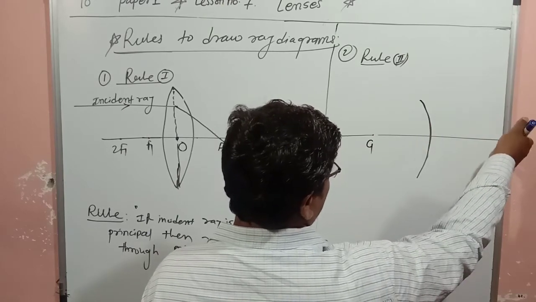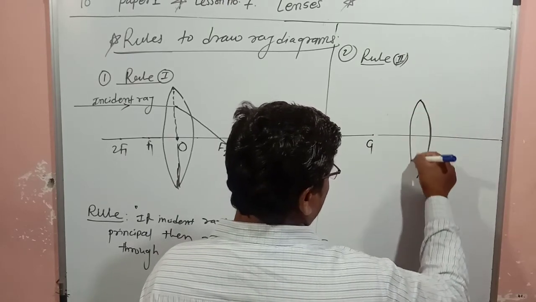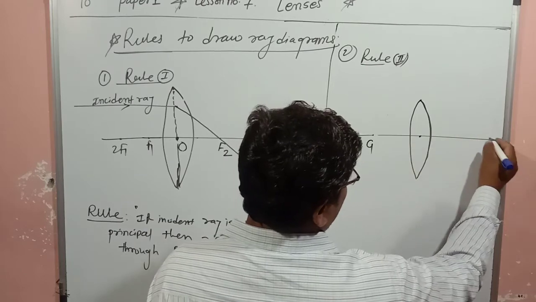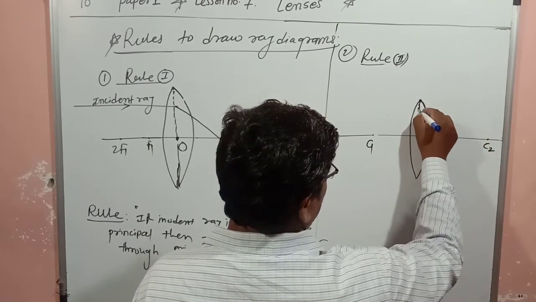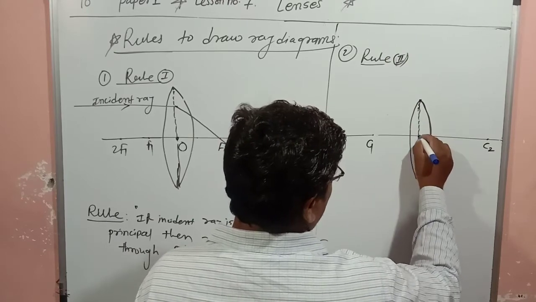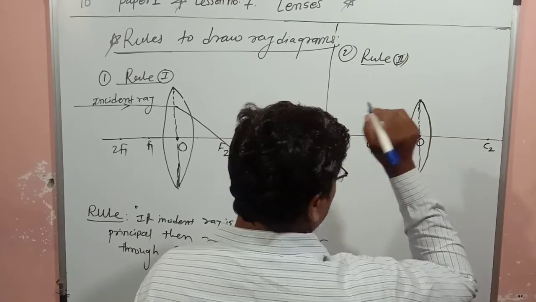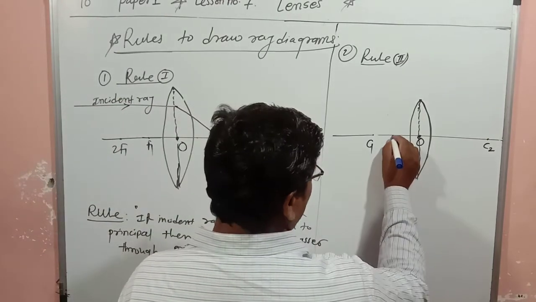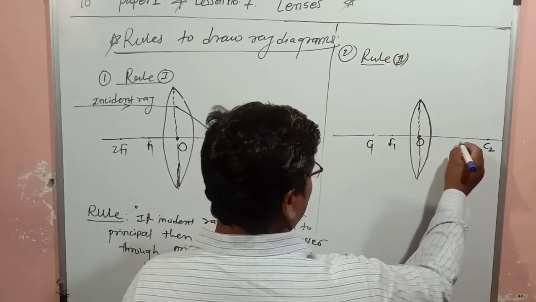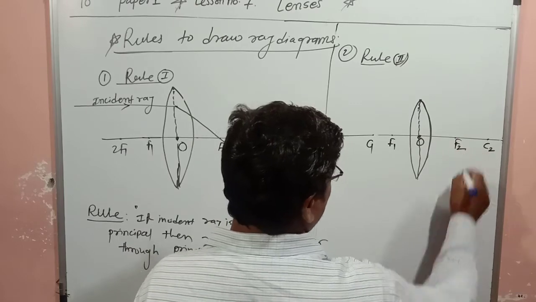From here take some distance and make another arc. Here will be your C2, and if you join these two points, where it meets the principal axis will be your optical center. At the exact midpoint here will be F1, and at the exact midpoint here will be F2.